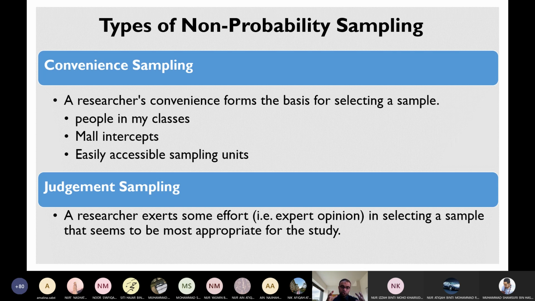But he decided to focus and include only certain elderly individuals, for some other reason. By right, the whole adult population can be included, but he decided this way. This is judgmental sampling.